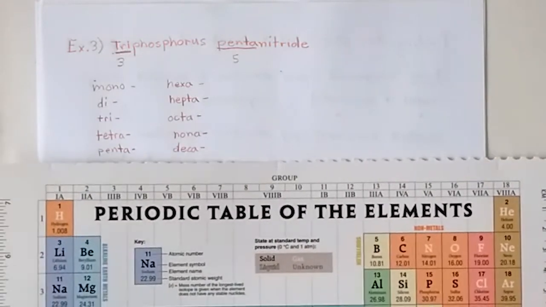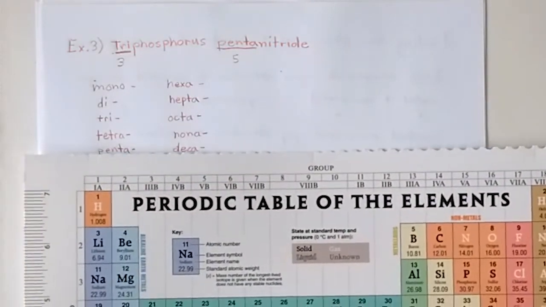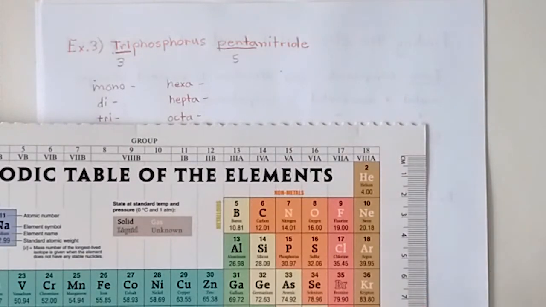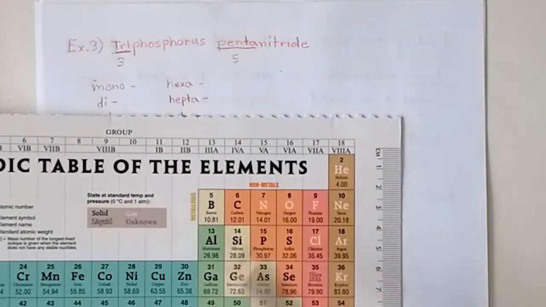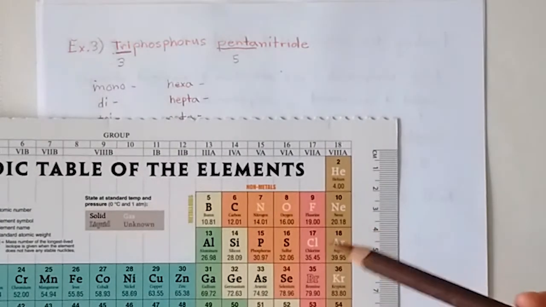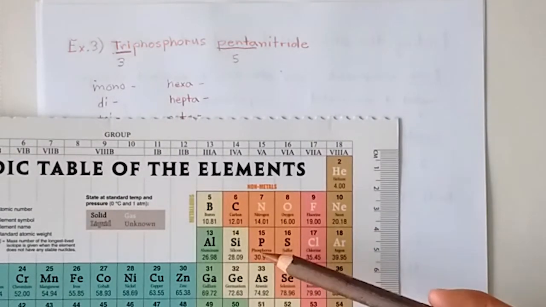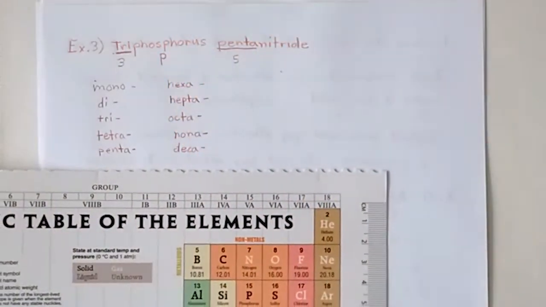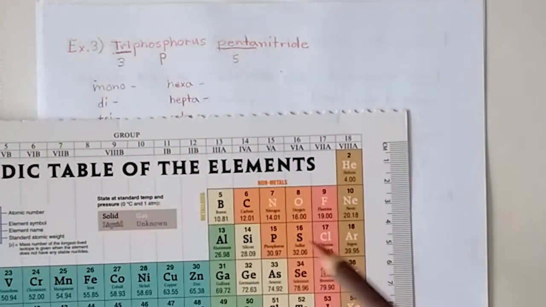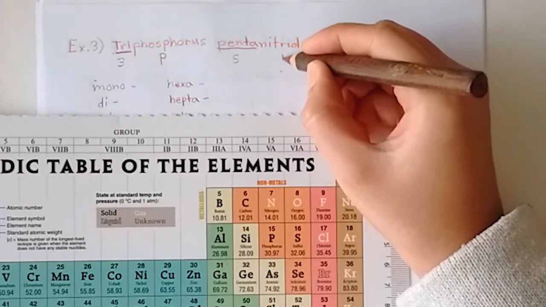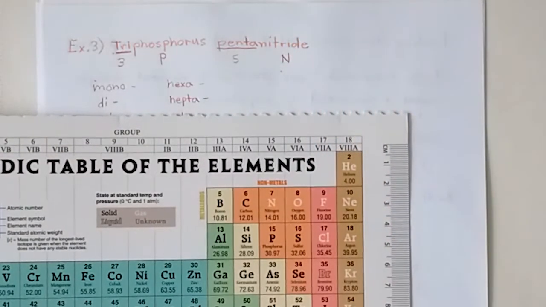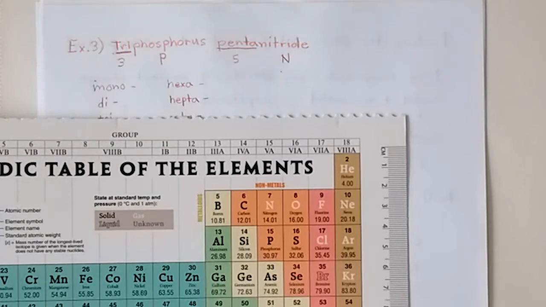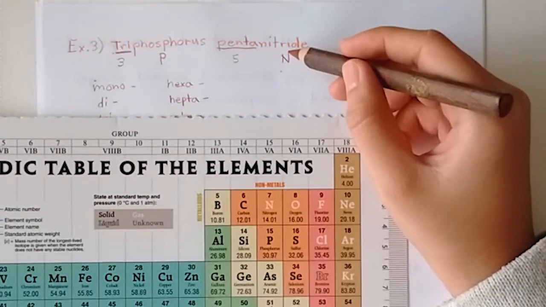So phosphorus, we have two nonmetals, so we know that we'll look at the right of the periodic table, and we can see phosphorus is represented by a P. So we have P, and nitrogen is represented by N. So nitride indicates that we have a nitrogen. You can see that the ending "ide" is part of naming a chemical formula.